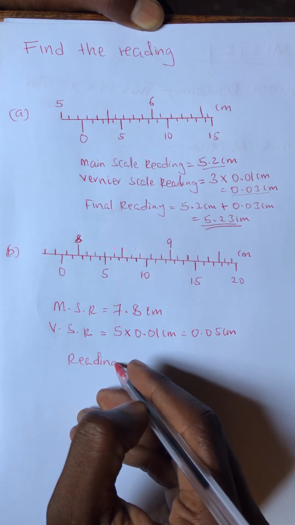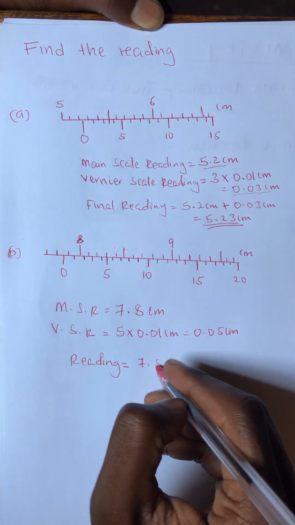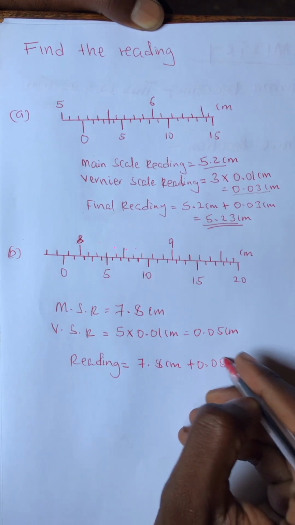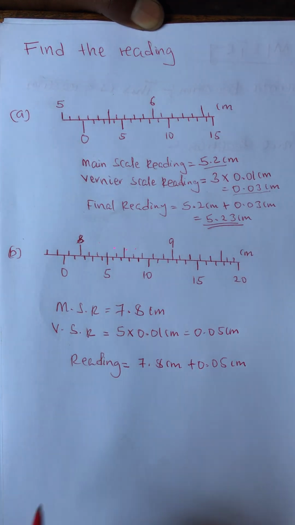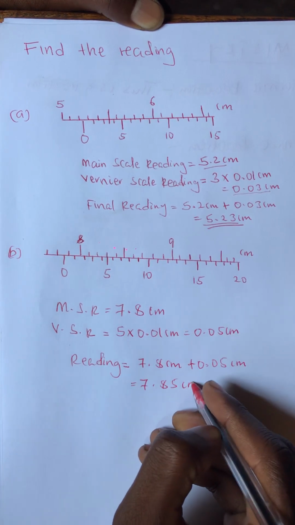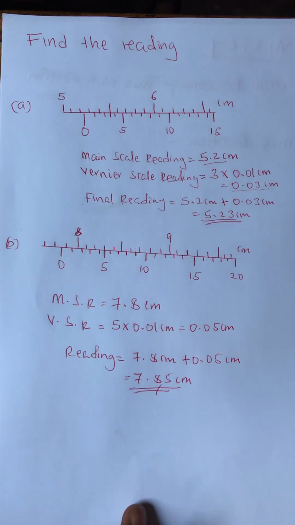So what is the reading of this Vernier calipers? You're saying 7.8 centimeters plus 0.05 centimeters, and so the answer will be 7.85 centimeters.